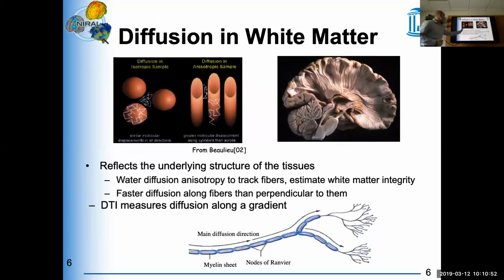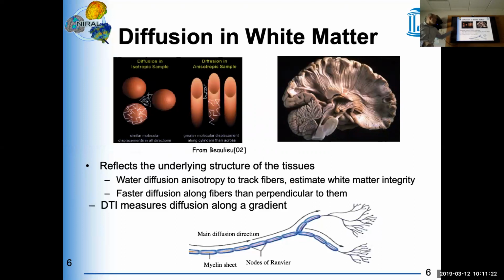The diffusion will be restricted by the membranes, by the local orientation, by how things are packed, or by how much space there is between the cells. So intracellular and extracellular spaces in the white matter will impact the diffusion. In such restricted spaces, diffusion along the tract is going to be less restricted than across the tract. That's what basically everything is based on.